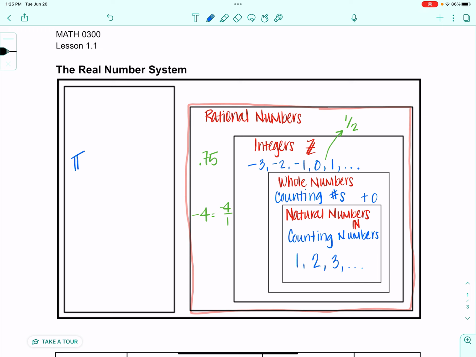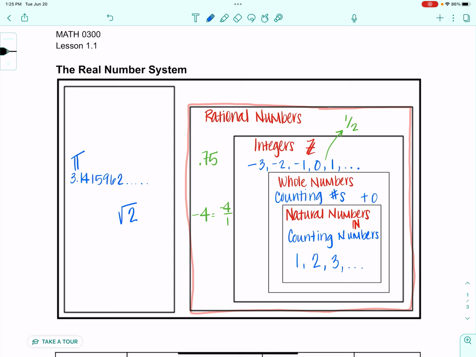Pi doesn't fit any of those descriptions because remember, pi is 3.1415962, and it keeps on going. It doesn't repeat. If you have used any square roots, you know that if you put the square root of 2 in a calculator, it's not going to give you a nice pretty decimal.